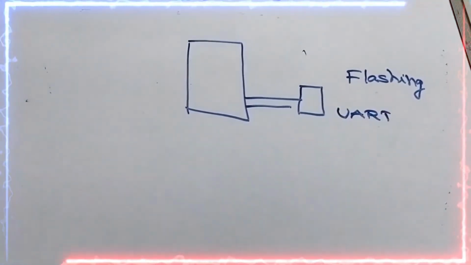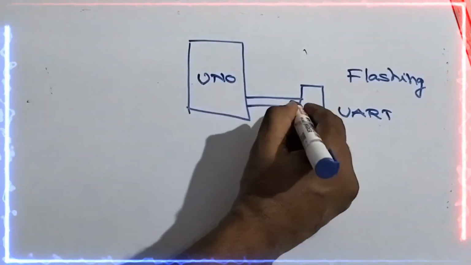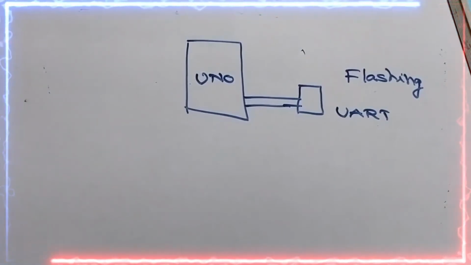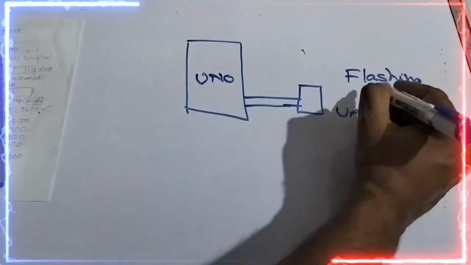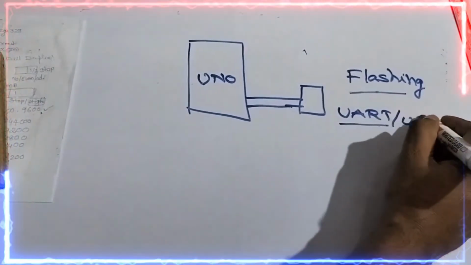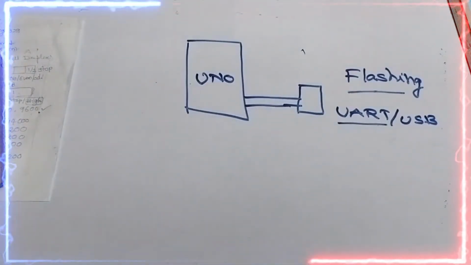So we need not connect anything, friends. The Uno board itself has the USB port, so it is acting as a dual. One is for flashing, another one is for the UART. So now it is converting USB to UART, friends.